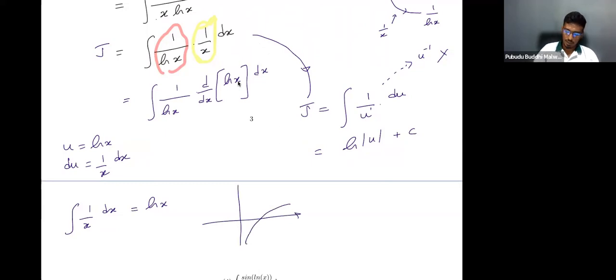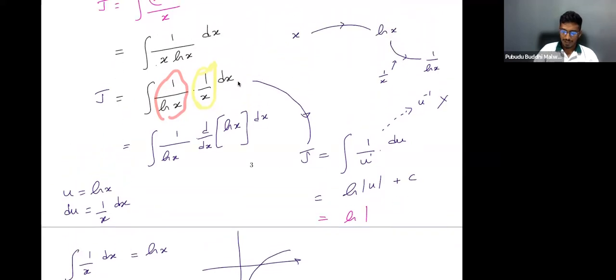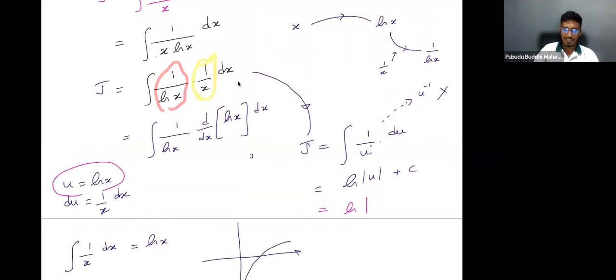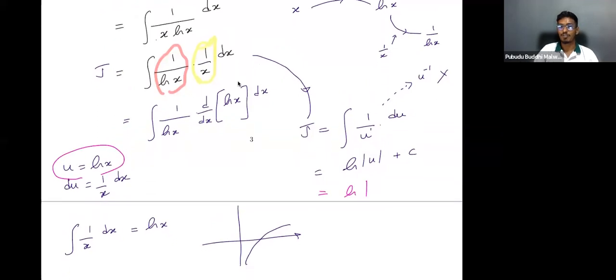Therefore, our substitution is natural log of x. So natural log of natural log of x. Right? Like this. Plus c. That's the answer.